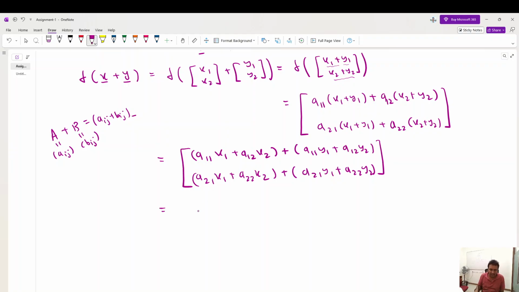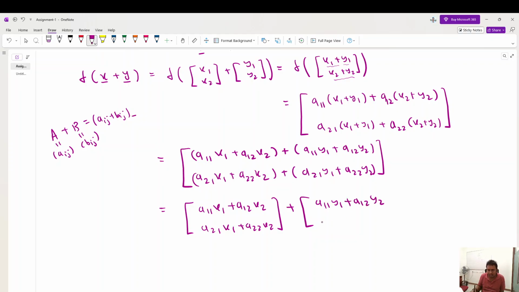So you can now split it like this: A11 x1 plus A12 x2, A21 x1, A22 x2 plus A11 y1 plus A12 y2, A21 y1 plus A22 y2.